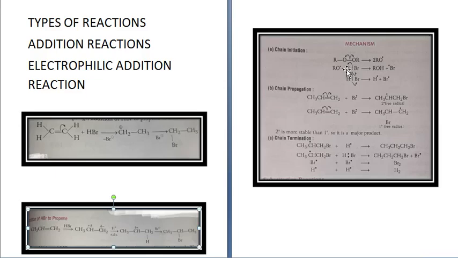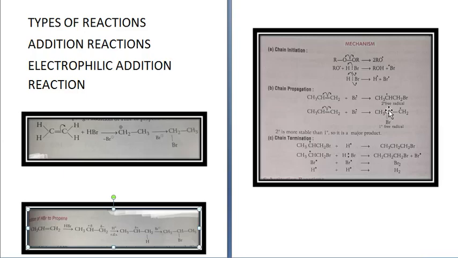Second step is chain propagation. Now in this case the chain is CH3CH double bond CH2, propene. This will come in contact with bromine free radical and it will form CH3CH CH2Br. This is 2 degree free radical. Why? Because the free radical is at second carbon.